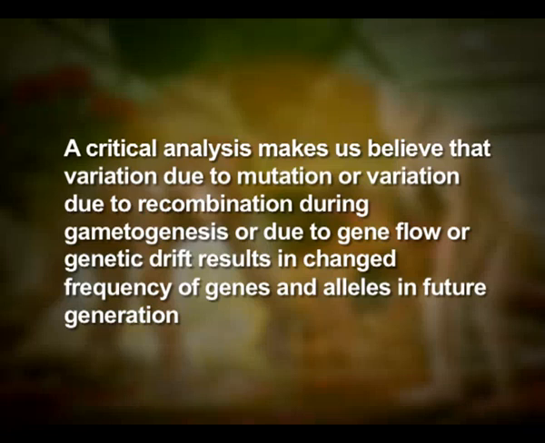A critical analysis makes us believe that variations due to mutation, or variation due to recombination during gametogenesis, or due to gene flow or genetic drift result in changed frequency of genes and alleles in future generations. Coupled to enhanced reproductive success, natural selection makes it look like a different population.